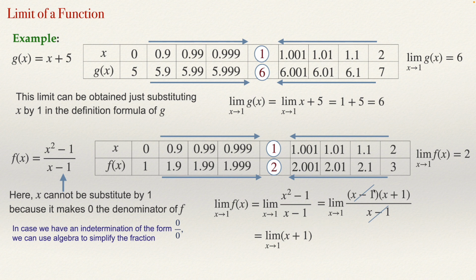Because they are taking values closest to 1 but without 1, it means for all these values they can be cancelled. And then the limit of x plus 1, now this is a function where I can make a substitution without any problem. So we notice that this is 1, making a substitution will be 1 plus 1 equals 2.